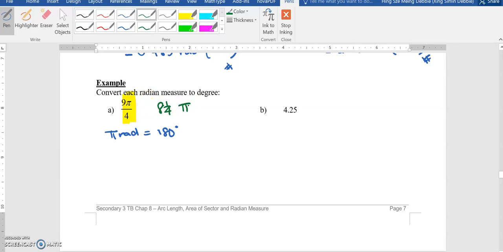So you will expect it to be larger than 360 degrees. Therefore, for 9/4 pi radians, all I did was take my pi radians and multiply by 9/4. So I take my 180 degrees, also multiply by 9/4, to give me 405 degrees exactly.